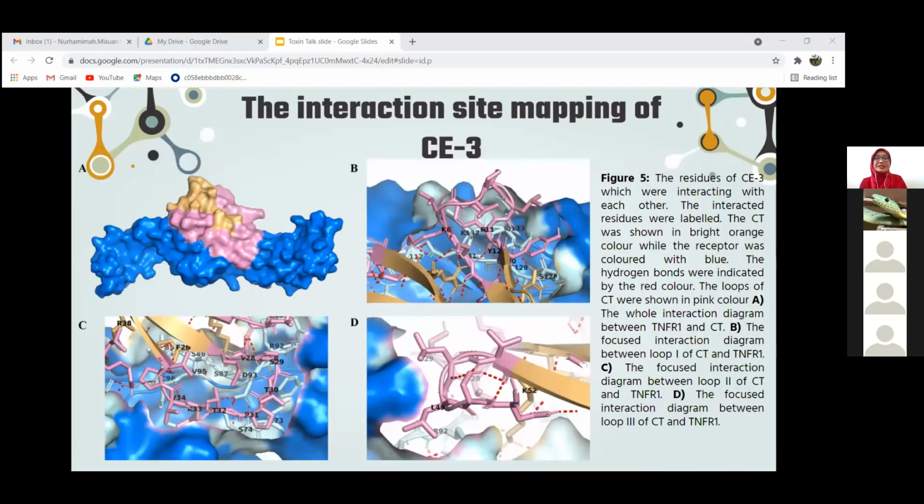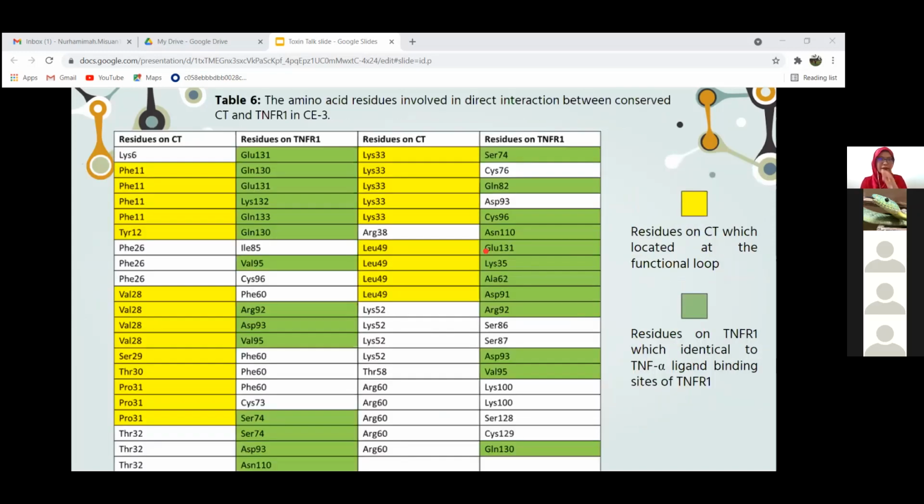So aside from the ensemble-based docking between CT and TNFR1, the interaction mapping site of CE3 is done to determine if the interacting site of CT on TNFR1 complements its ligand, which is TNF-alpha. So this figure showed the amino acid residues of CE3 on CT which interacted with TNFR1. This table showed the amino acid residues on CT which interacted directly with TNFR1.